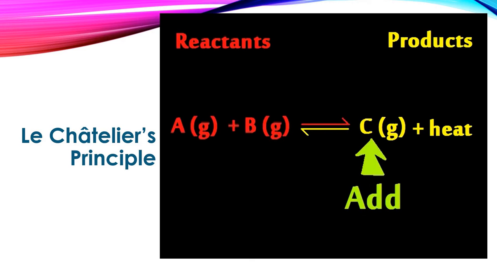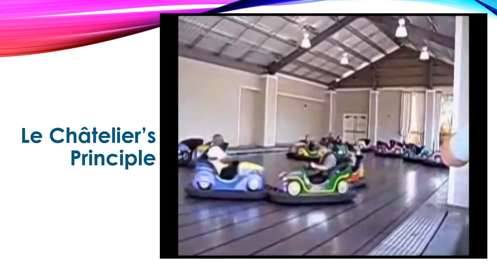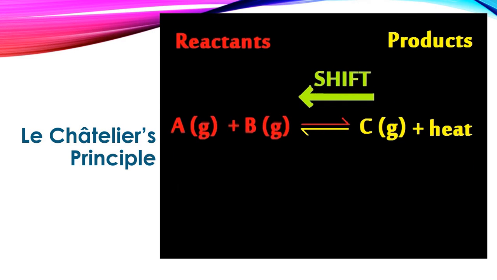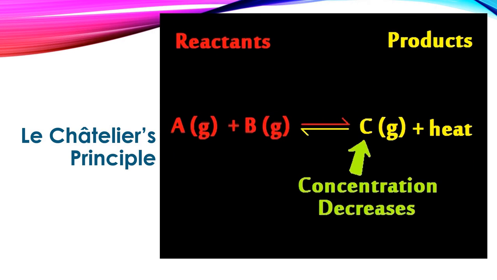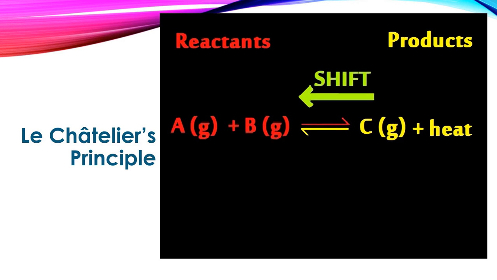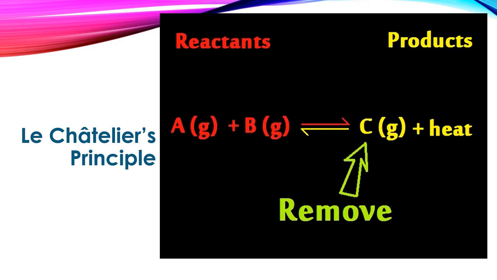If you add a product, collisions will improve. The shift is toward the reactant side, and products are removed. If the concentration goes down, whichever one you choose, then the shift's the other way, towards whatever you remove.